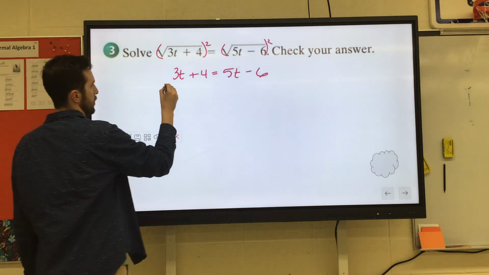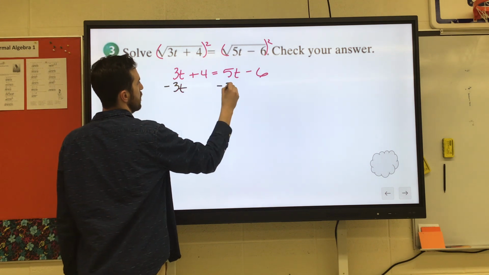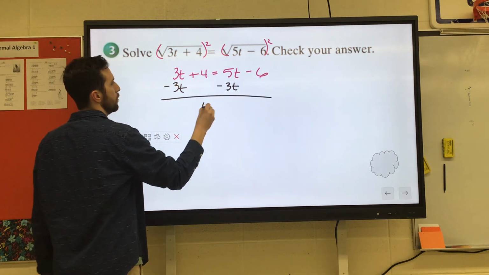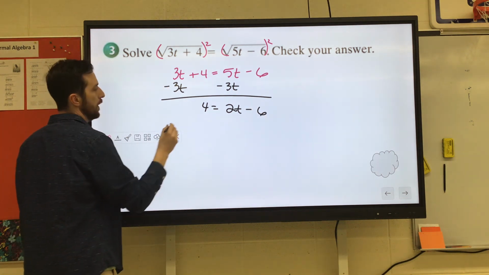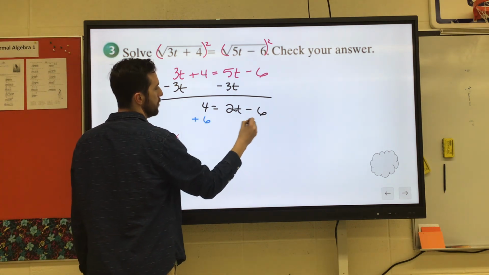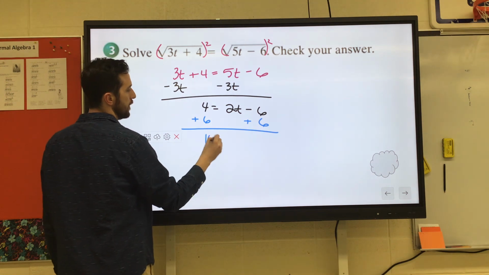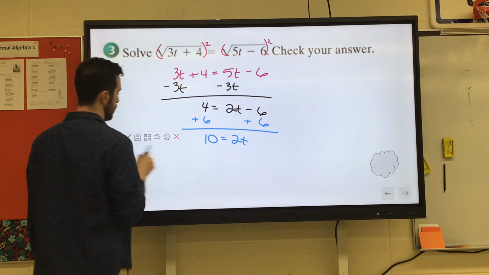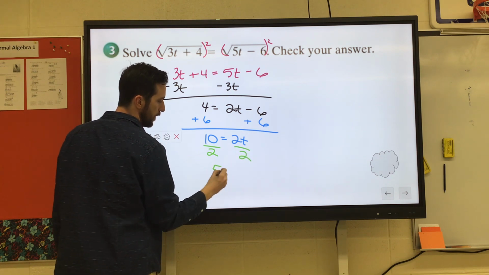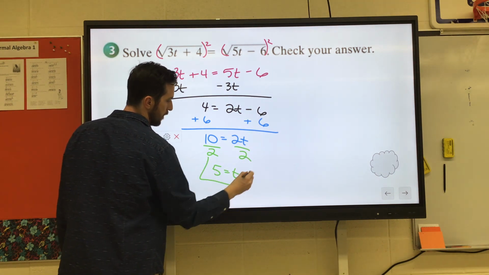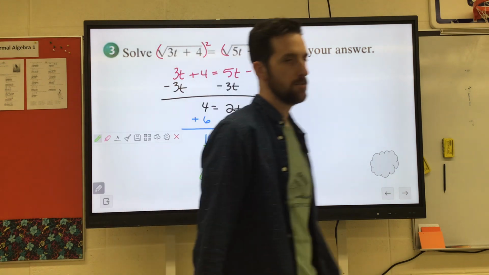We'll subtract 3 t's from both sides. 4 equals 2t minus 6. Heck, let's plus 6 to get rid of that minus 6. 10 equals 2t, and then we'll just divide by 2 on both sides. 5 equals t. Unbelievable. Too much fun.